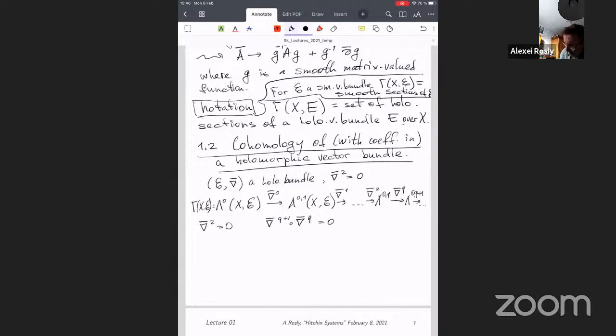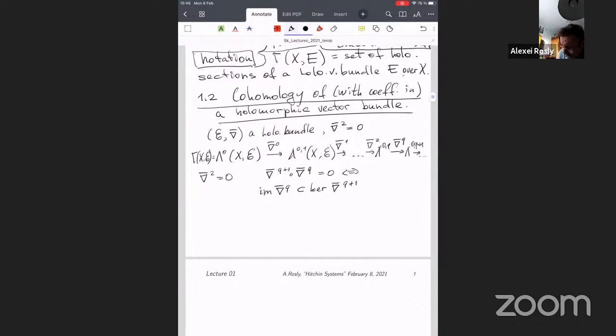This is just the composition of operators. Therefore, it means the same thing as saying that the image of the operator nabla q belongs to the kernel of nabla q+1. Therefore, we can define the cohomology groups, which are complex vector spaces. They're called groups for historical reasons.